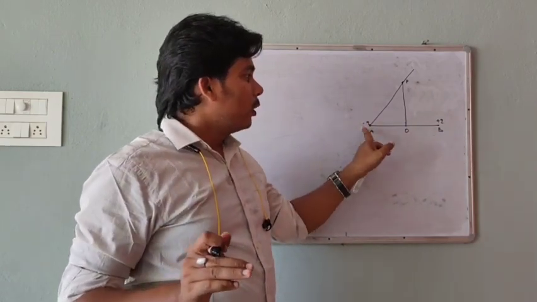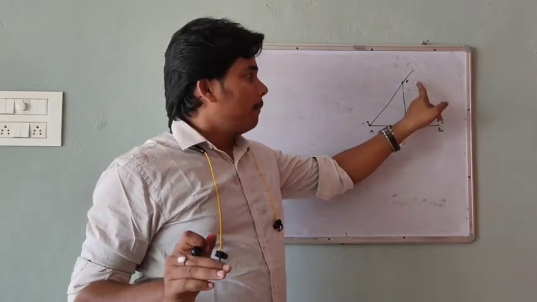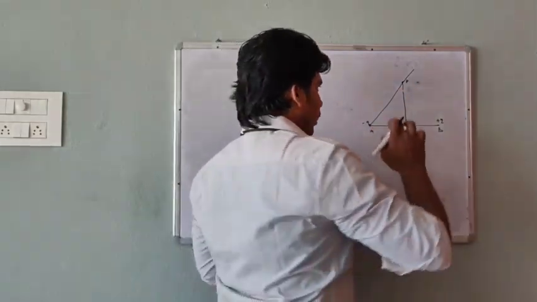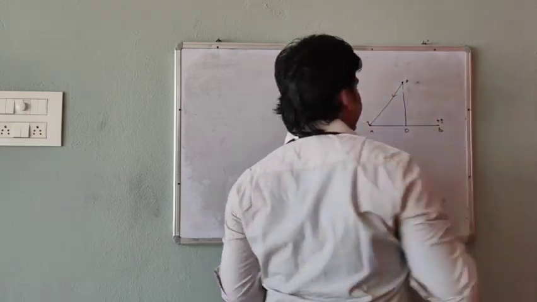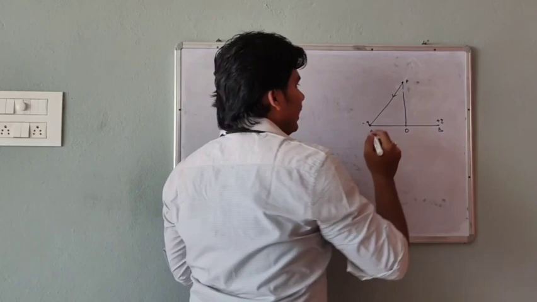That's why you draw the field in the outside direction, but as it is negative, this will be in this direction. This will be EA.